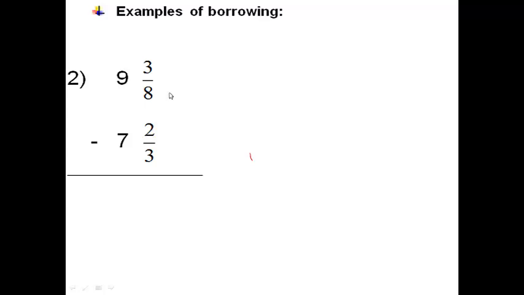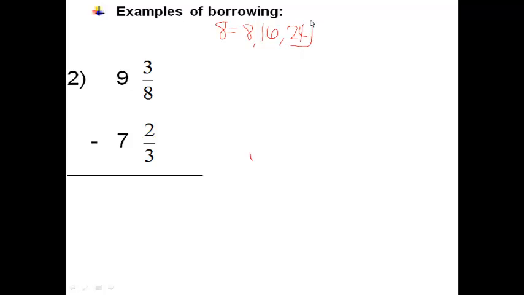All right, here we go. Let's find a common denominator first. We're going to ignore those whole numbers, 7 and 9, really fast. We're going to find a common denominator. So what would my common denominator be between 8 and 3? Well, I'm going to list my 8s really fast. Let's count by 8s. 8, 16. What's the next one? 24.